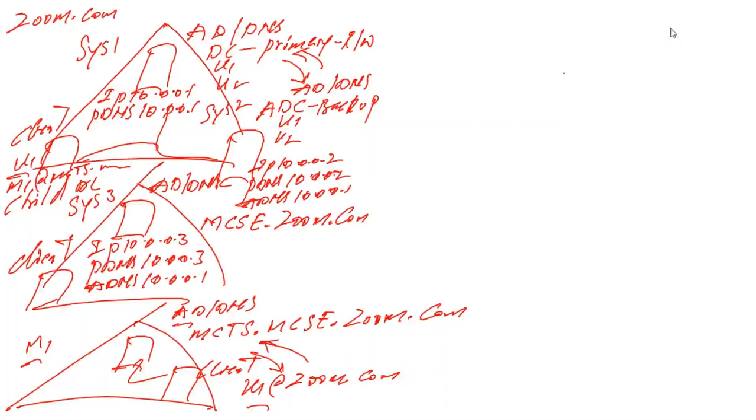What is the domain name? Write down mcsc.zoom.com. Check the domain name: mcsc.zoom.com. So this is our complete domain name. Okay, by seeing this name we can say MCSC is a child domain of zoom.com.